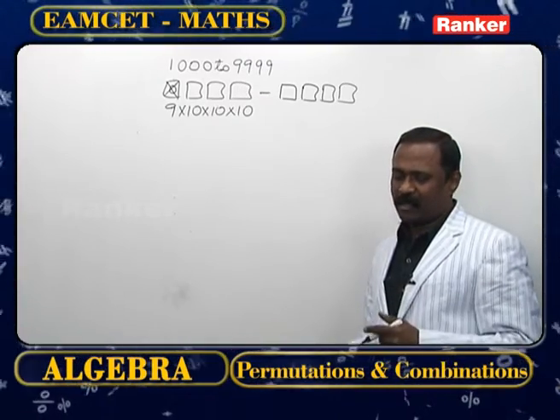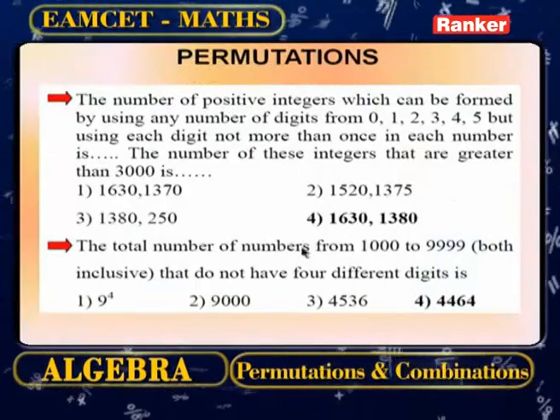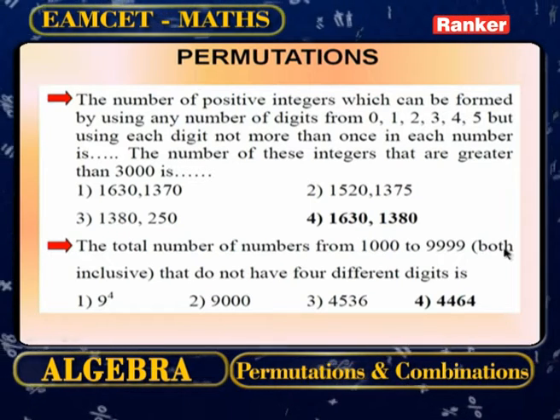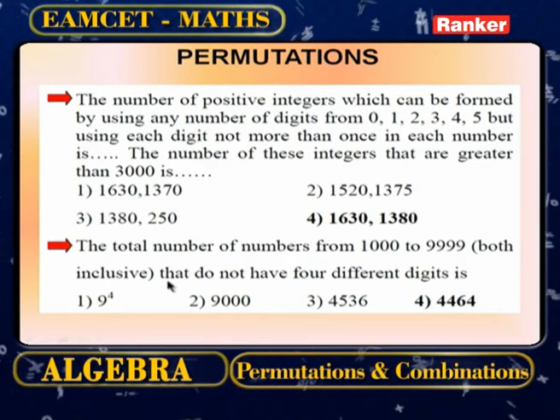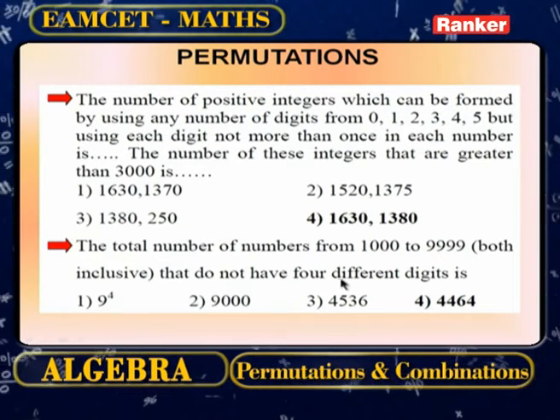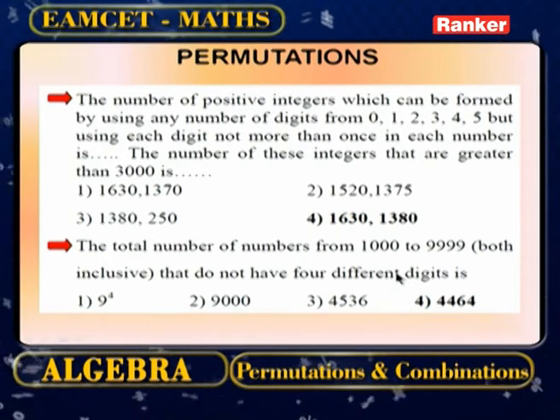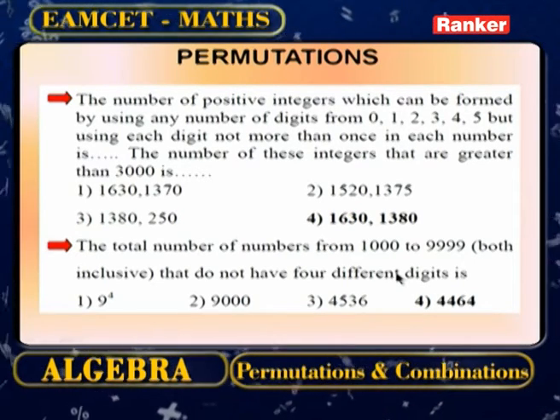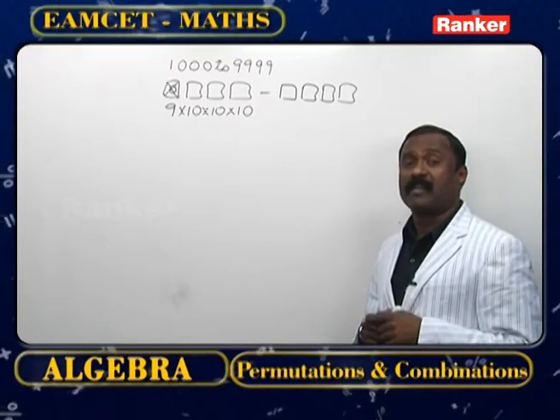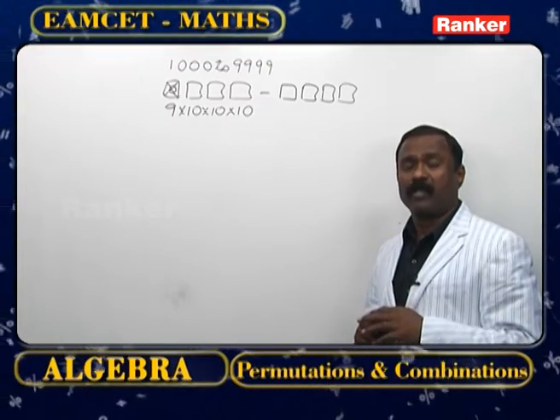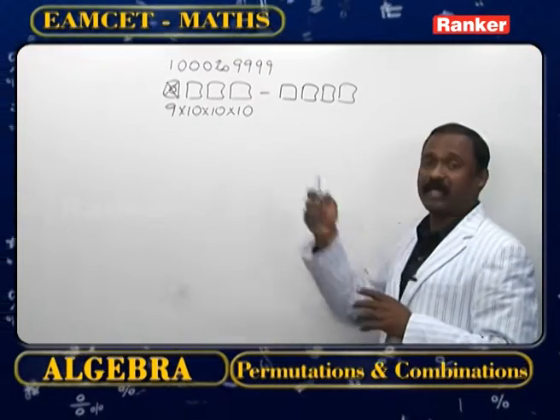Please go through the question: the total number of numbers from 1000 to 9999, both inclusive, that do not have 4 different digits. That means having 4 different digits is not needed here. That is why we are subtracting it.